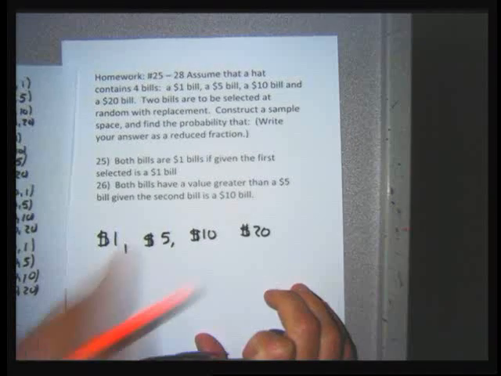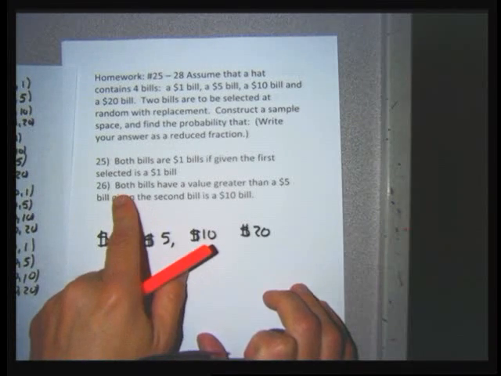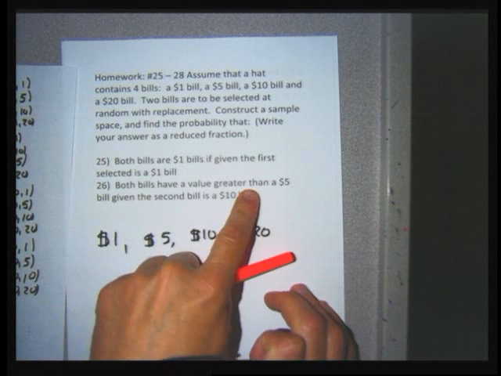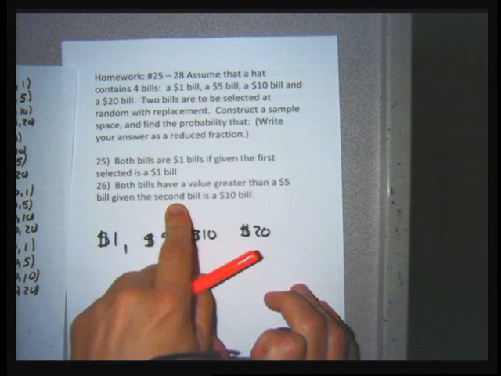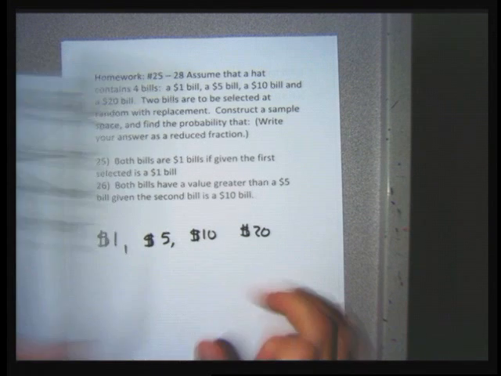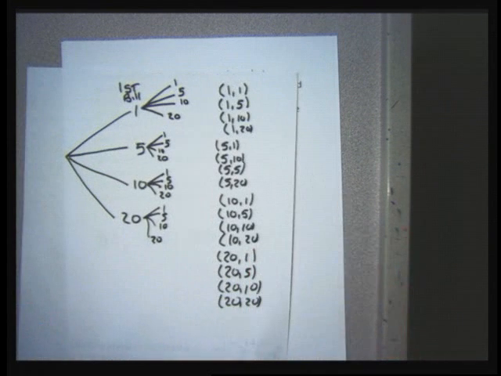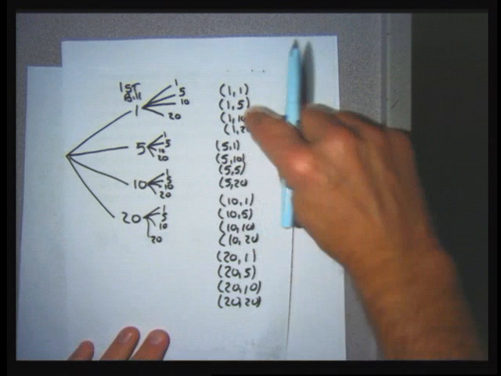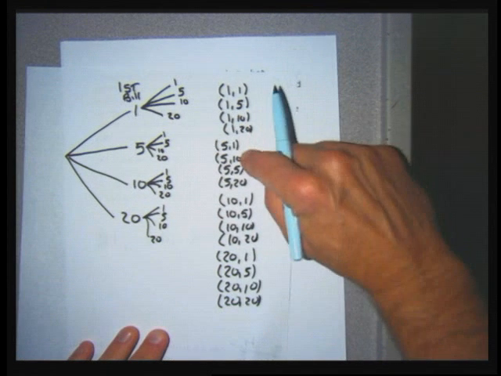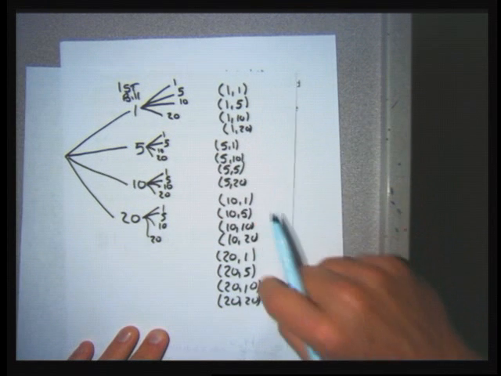So in problem 26, I want to have both bills have a value greater than $5 given the second bill is a $10 bill. So I need to look at my sample space and find all the ones that have the second bill a $10 bill. That's the 1 and 10, the 5 and 10, the 10 and 10, and the 20 and 10.